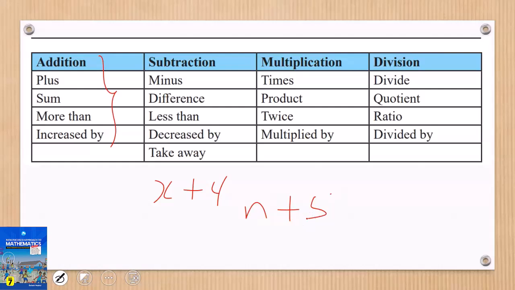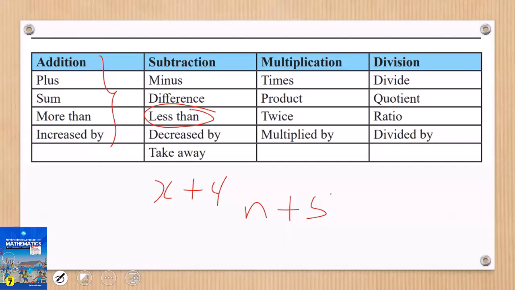Then when it comes to subtraction, we can use minus, difference, less than, decrease by, take away. With the use of less than, you have to be careful because we can also use less than to show inequality. But for now, we are dealing with general expressions, so we can use less than as a minus sign.